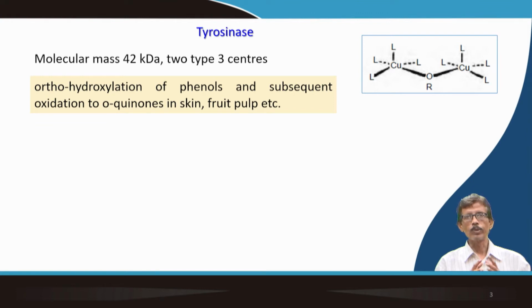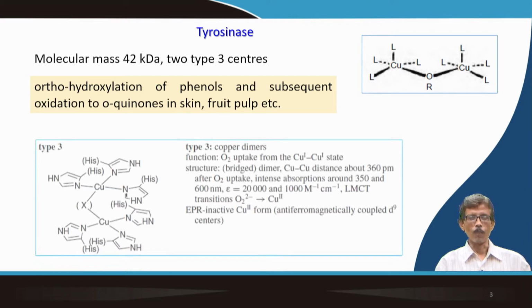So, you oxidize a phenol to make a diphenol, or catechol. Phenol can be converted to catechol, and catechol can further be converted to quinone, which is important. In all these cases you have huge conjugation, that is why they are colored and absorb radiation nicely, the h nu, the sunlight also.